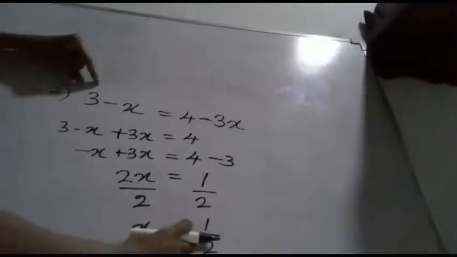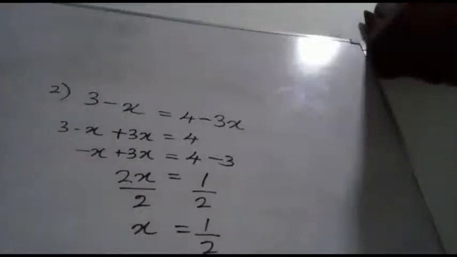We substitute half into the left hand side. 3 subtract half is equal to 2 and a half. x is equal to half is substituted into the right hand side. 4 subtract 3 times half. 3 times half is 1 and a half. 4 subtract 1 and a half is 2 and a half. Left hand side is equal to right hand side. The answer is correct.